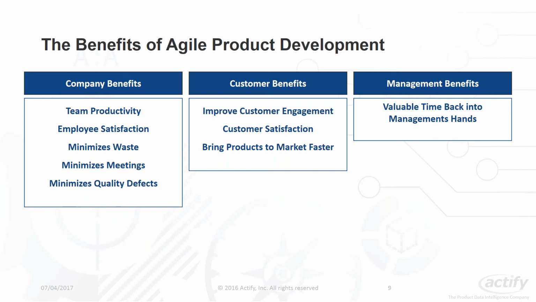So what are some of these other benefits of Agile product development? Well, compared with traditional management approaches, Agile product development offers a number of benefits, all of which have been studied and documented. For example, company benefits, I see those as increasing team productivity and employee satisfaction, minimizing waste and minimizing redundant meetings, and minimizing the amount of excessive planning and documentation needed, and ultimately reducing quality defects and mitigating low-value product offerings.